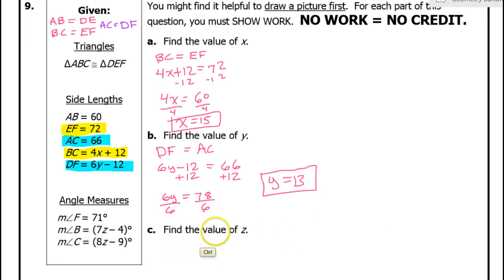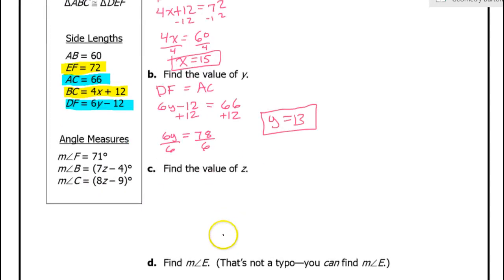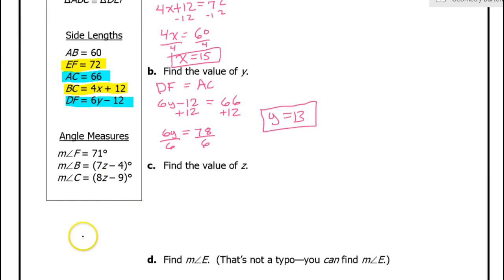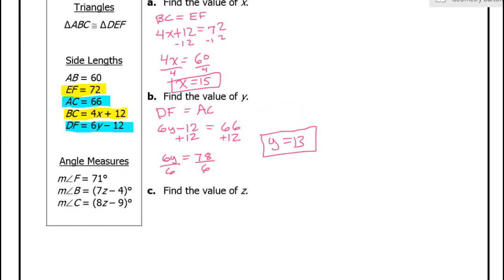Now, finding the value of z. Okay, I guess we have to mess around with these angle measures down here. Maybe I should make a list of congruent angles the same way that I did for the segments.